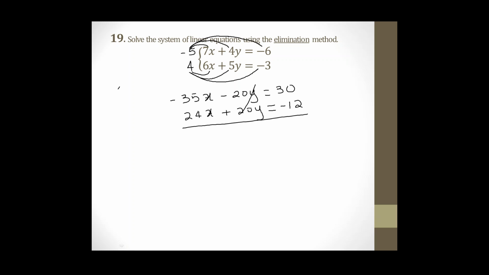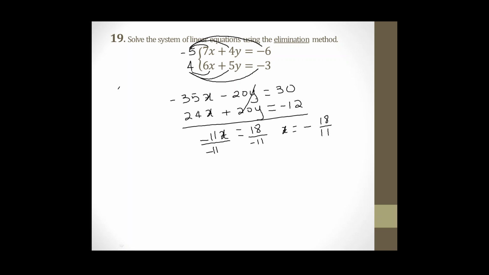So negative 35x plus 24x is negative 11x. And 30 minus 12 is 18. Divide by negative 11, divide by negative 11, so x is actually equal to negative 18 over 11.